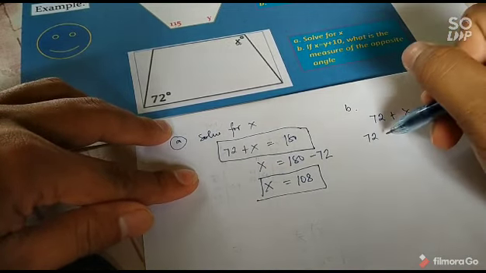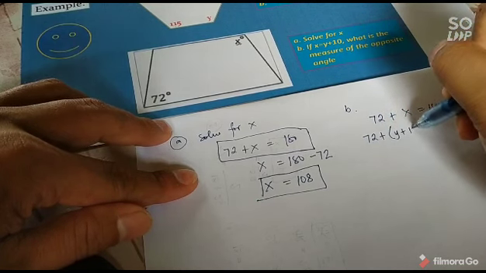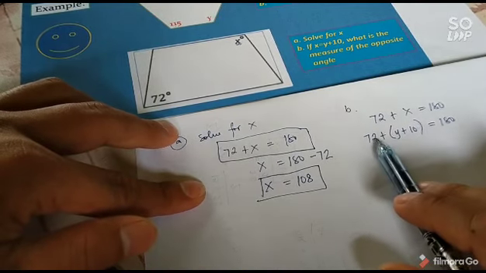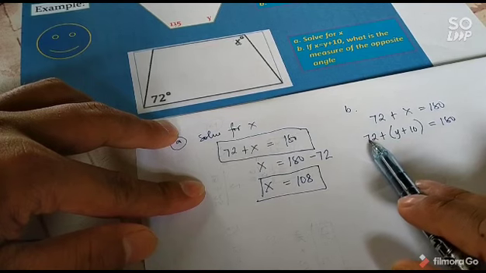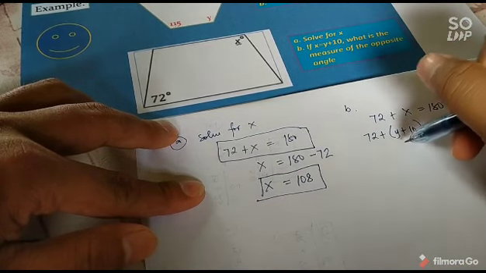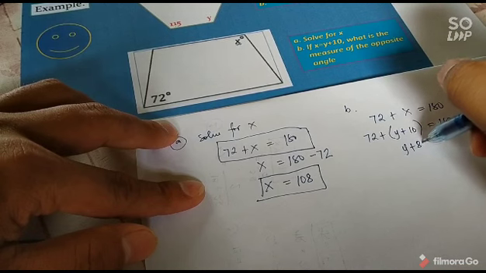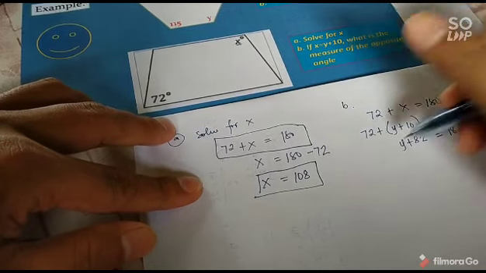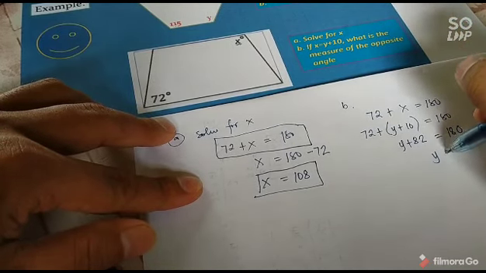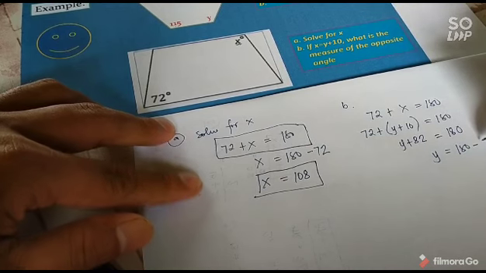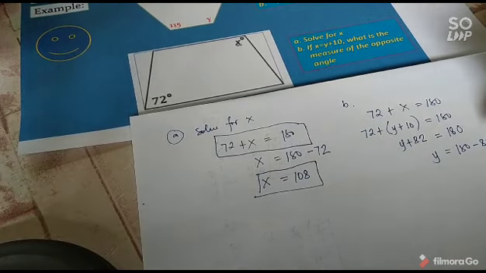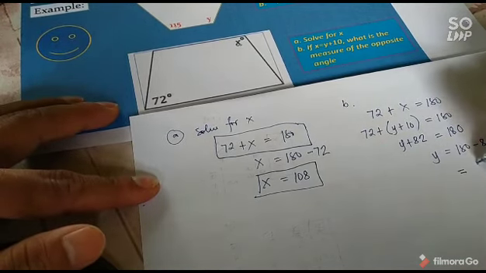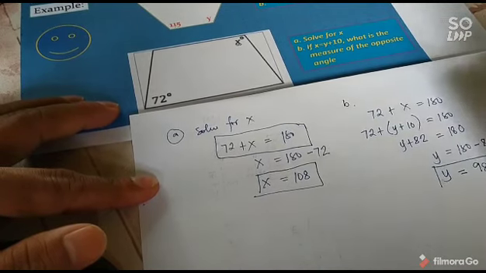So you would have 72 plus y plus 10 equals 180. Let's simplify. 72 plus 10, you would have y plus 82, equals 180. So to solve for y, y is equal to 180 minus 82. Again, 180 minus 82 will give you 98. So the y value is equal to 98.